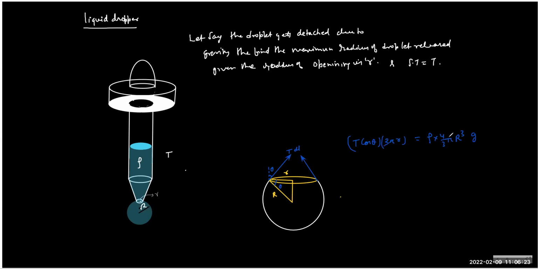T cos theta, which is r by R, into r is 2 by 3 rho r cube g. So R to the power 4 is how much? 3 T r squared by 2 rho g. So the maximum radius you can have is this only.